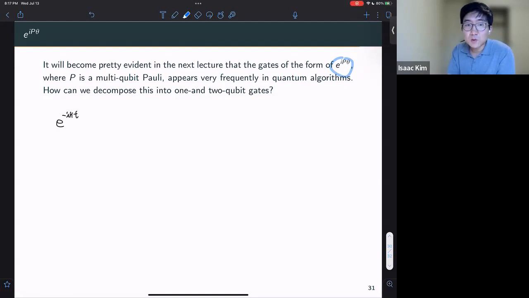It's very natural to think about how you would actually implement this in terms of 1 and 2 qubit gates. So let's say, for example, P is a Pauli matrix acting on, let's say, 100 qubits. How would you actually do this? Is it easy to implement this gate or not?